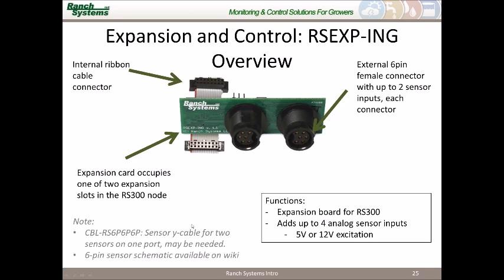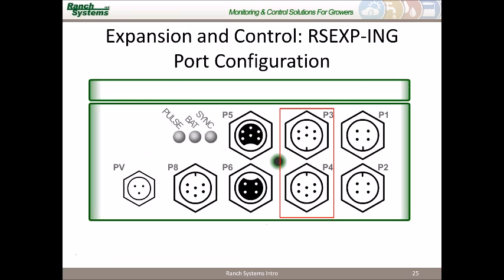You get 0 to 5 volt input, or 4 to 20 milliamp with the use of a few resistors. So you can see here we have the relay on the right, the sensor input on the left, and you can basically configure this and move them around or add as you like.